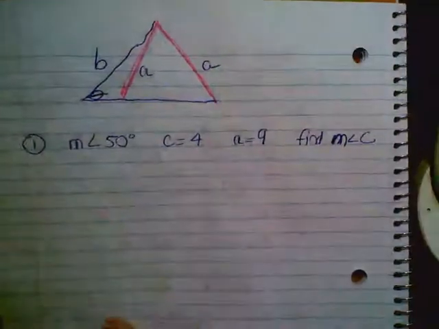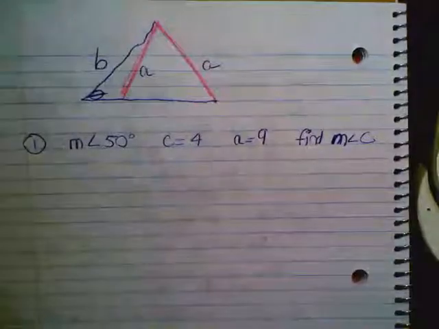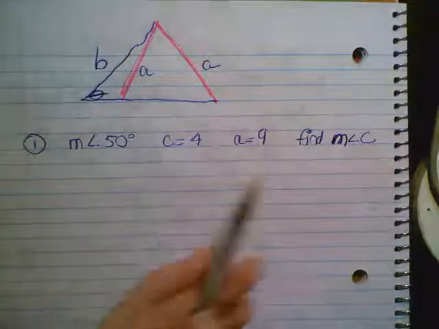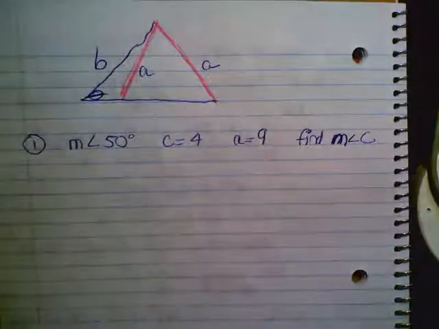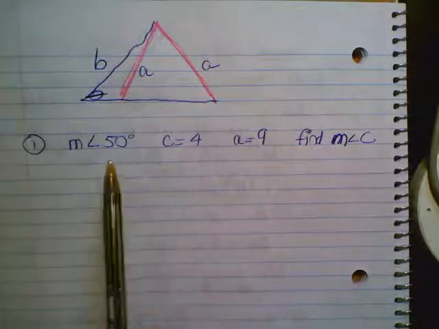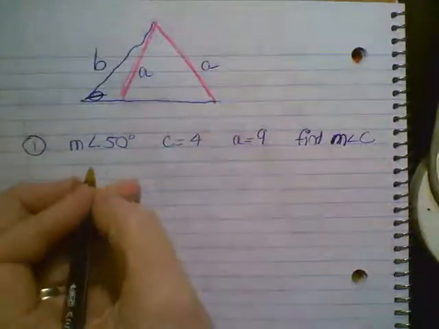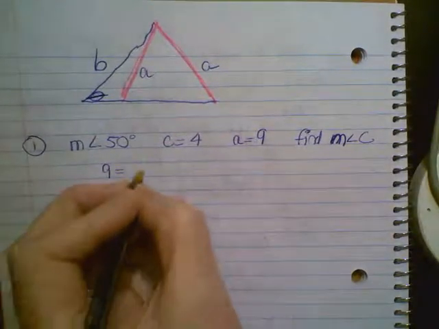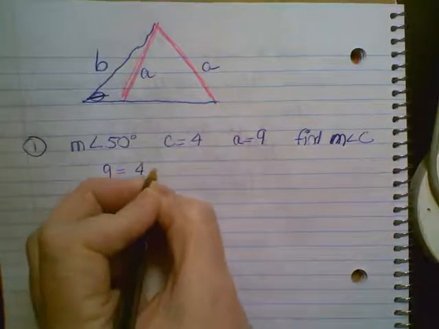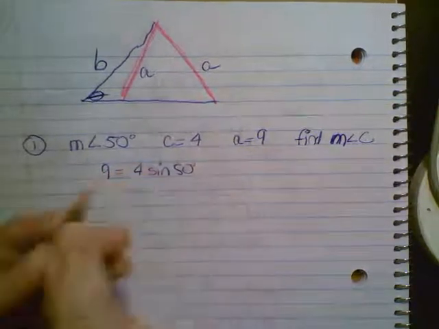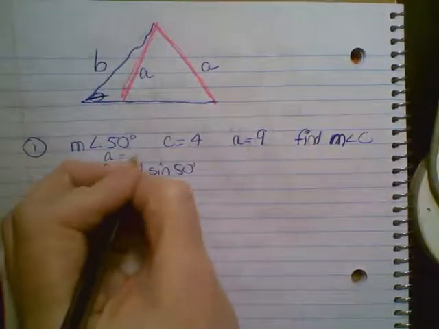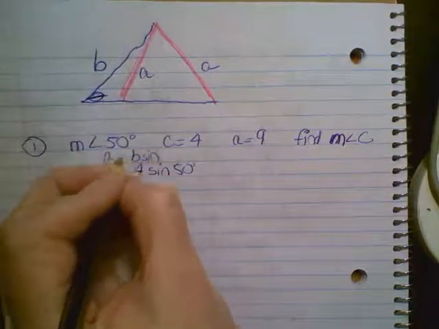Okay, so it's not asking me how many solutions there are, but I could figure that out if I wanted to. Instead of having A and B right now, notice that I have A and A and then I have C. So I could say A is 9 and then I could do 4 sine of 50, right? So is A equal to B sine A, or is it a question mark?